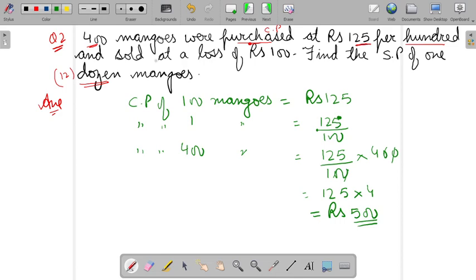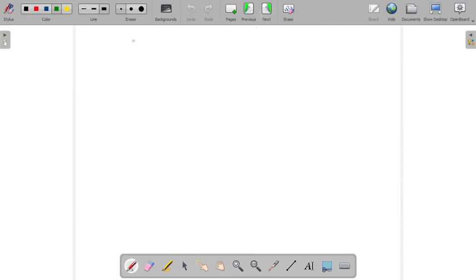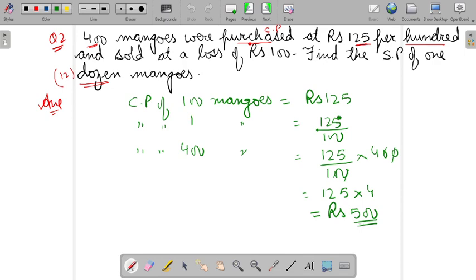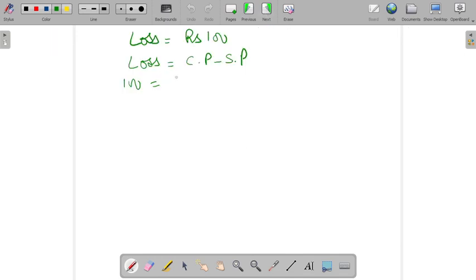Now let's proceed further. Sold at a loss of 100 rupees. Loss is given, loss equals rupees 100. So we will use the loss formula now. Loss equals CP minus SP. 100 equals cost price, which is 500, minus SP.